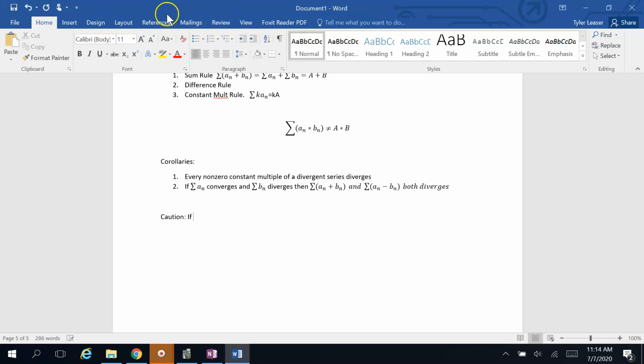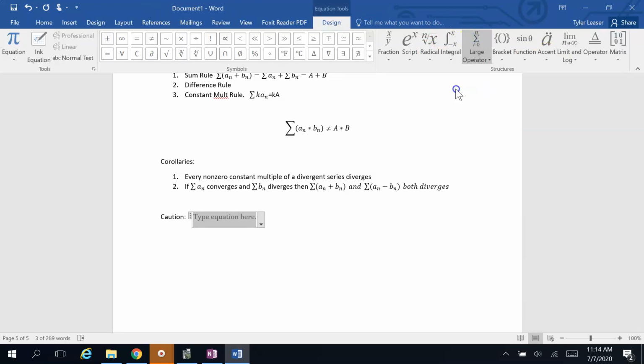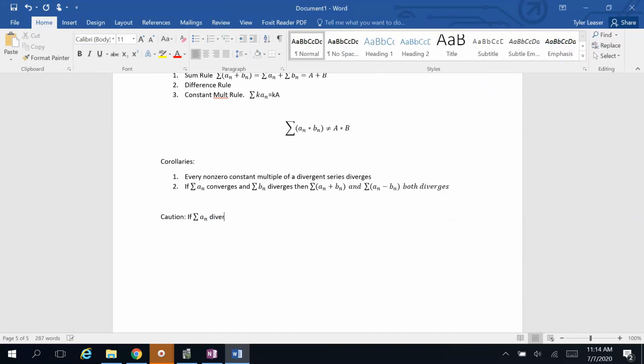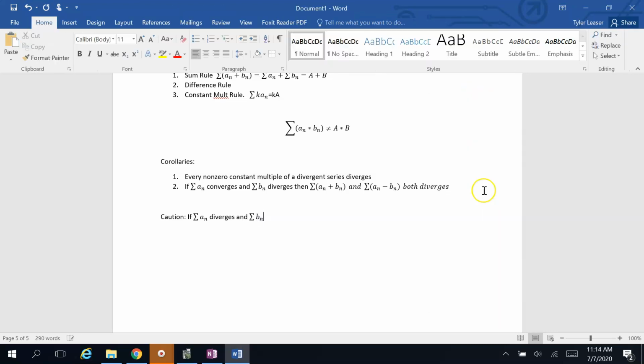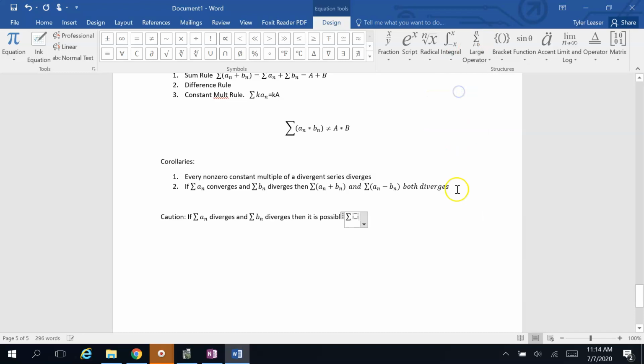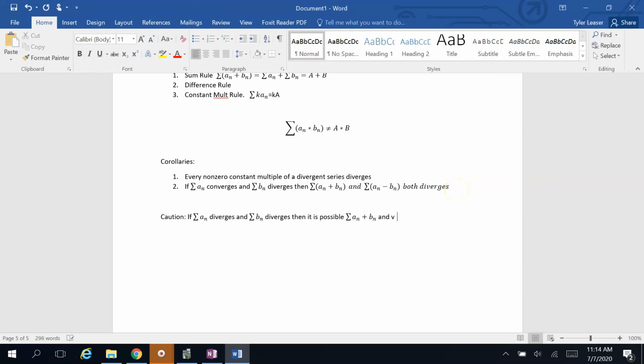If you have a series that diverges and a second series that also diverges, then it is possible for the two series to be added together or subtracted and converge.